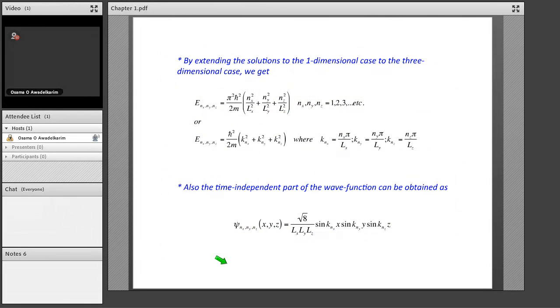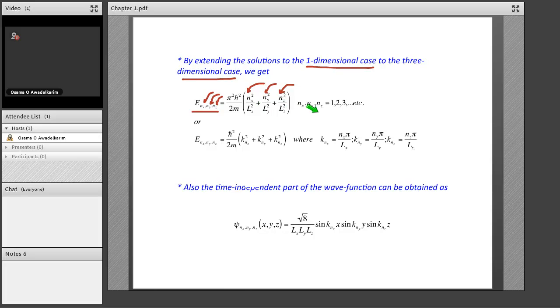If you extend the solution of the one-dimensional case to a three-dimensional quantum dot, then you have three quantum numbers, nx, ny, and nz. And your energy states are described by these three quantum numbers, which come from the confinement in the three directions.